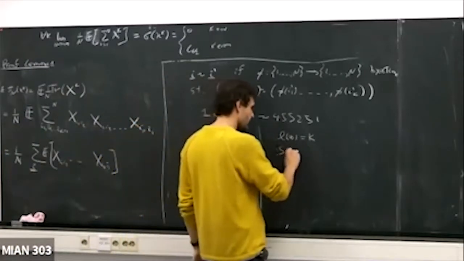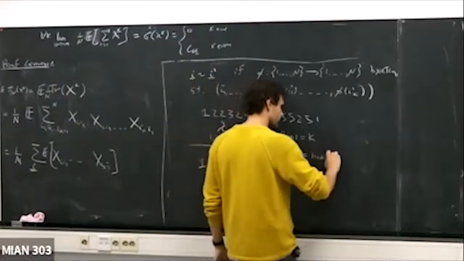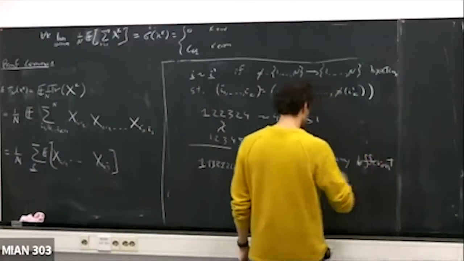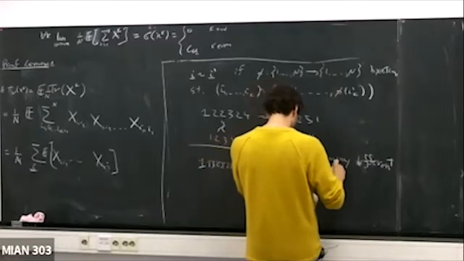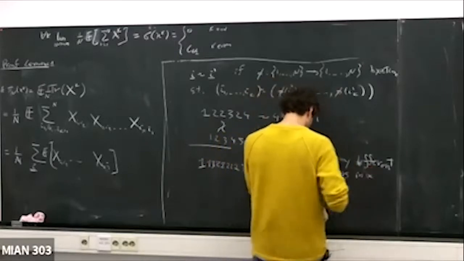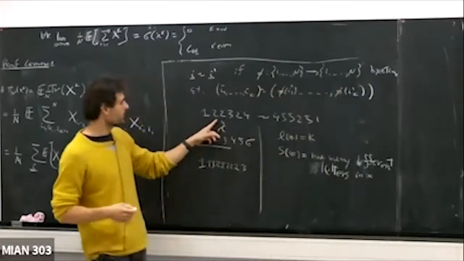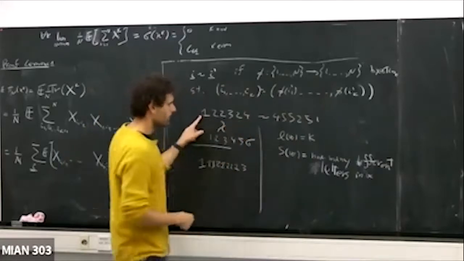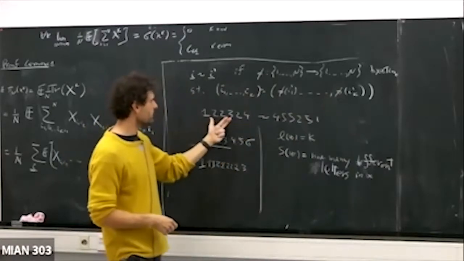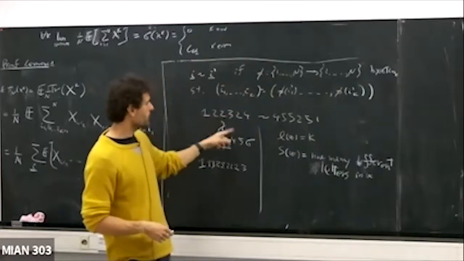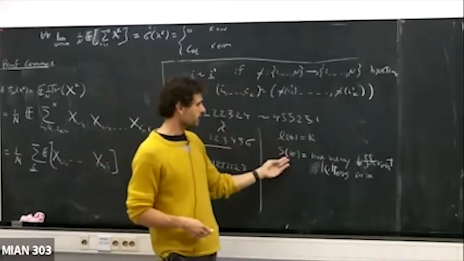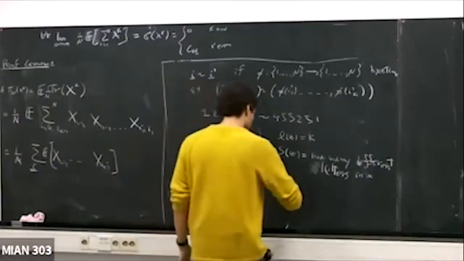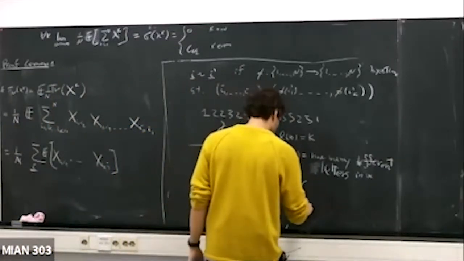And the size of the word is how many different letters it uses. For instance, the length of this word is 6, and the size is 4, because I use 1, 2, 3, and 4. Of course, if these are in relation, their length and their size must be the same. And I will call them W_{k,s}.